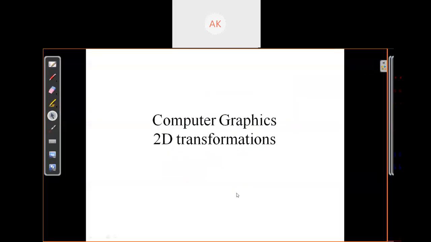So we were discussing 2D transformation. In 2D transformation, we have discussed different kinds of transformation: translation, scaling, rotation, shearing, and mirroring.